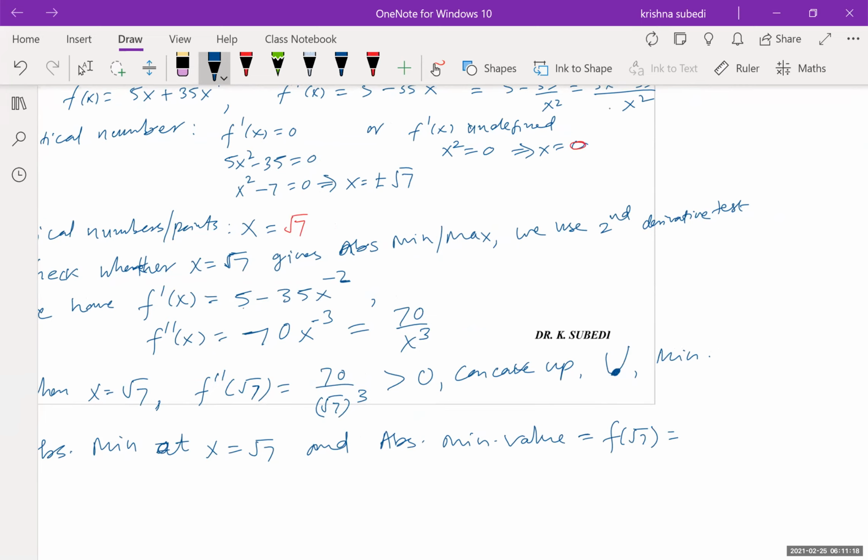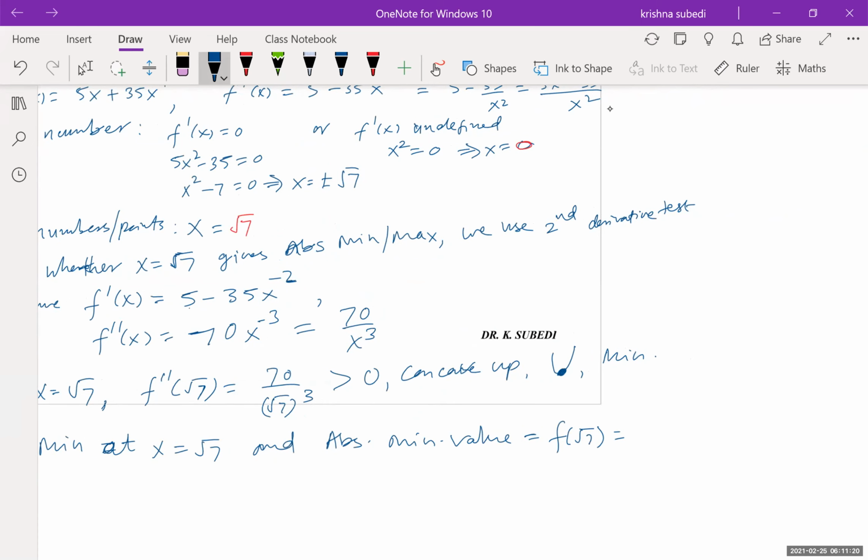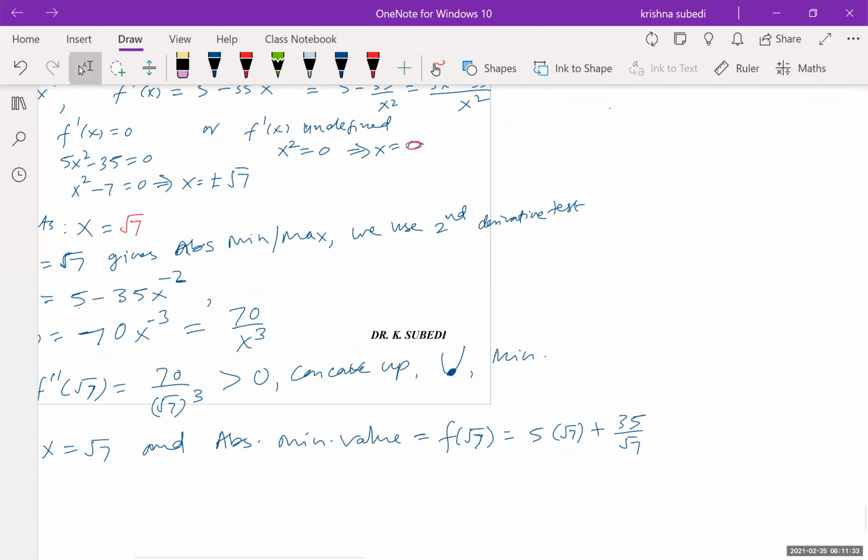So let me plug this into the original equation. Our original equation is 5x, meaning 5 times square root 7, plus 35 over square root 7. It looks a little ugly, so let us simplify it.